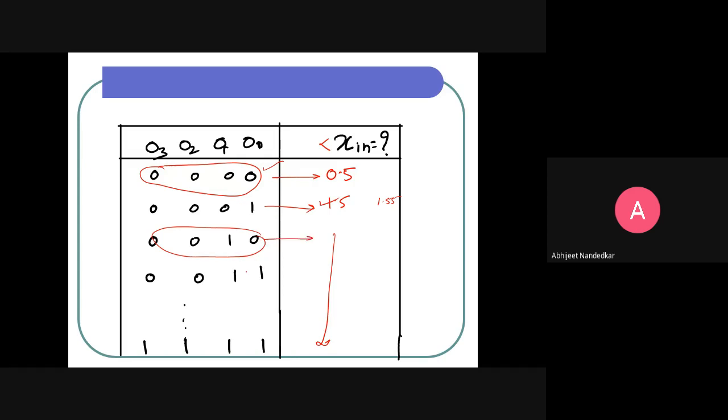Now for 0011, can you find out the voltage? So try to complete this table on your own. If you have any doubt, you can ask me. Otherwise, I will move to the next problem. Anybody with doubt?